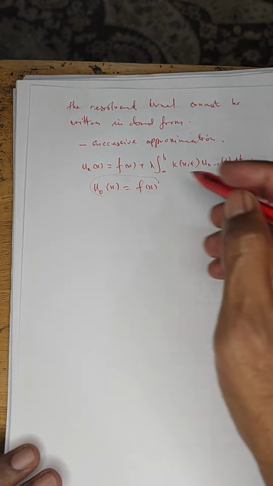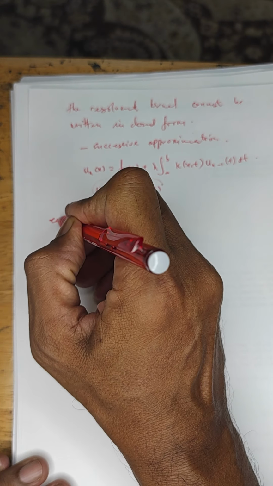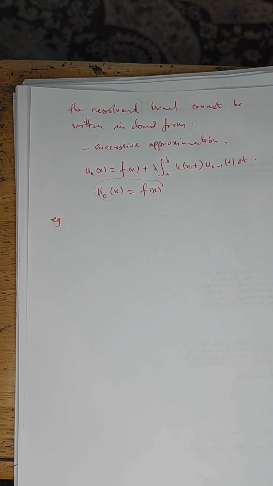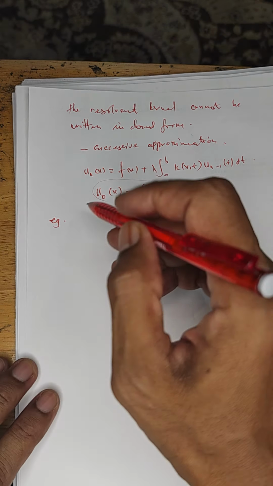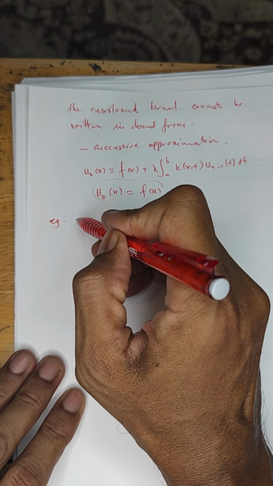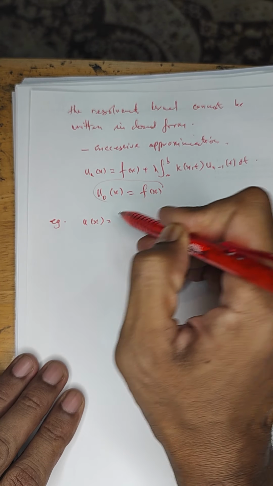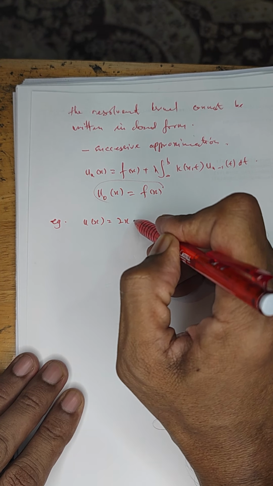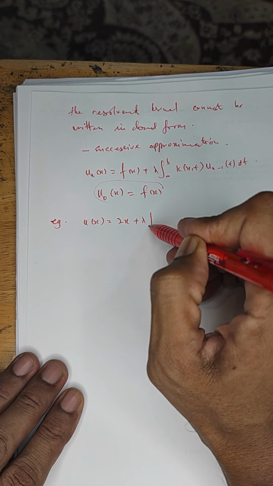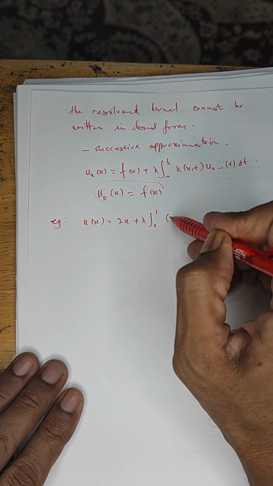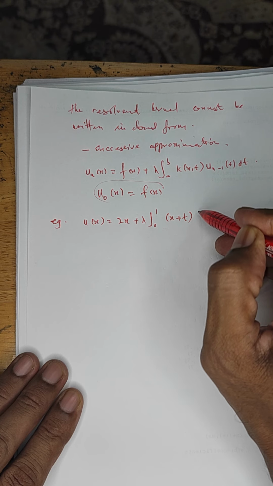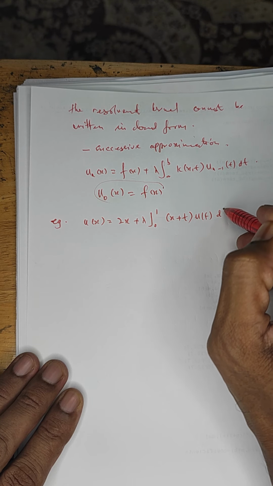Okay, so let's say an example. Solve: we have u(x) equal to 2x plus lambda integral 0 to 1 of (x plus t) u(t) dt.